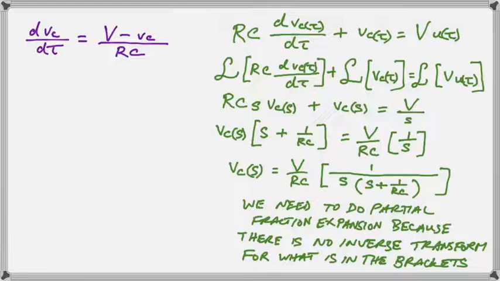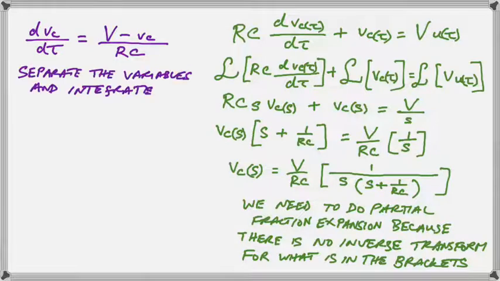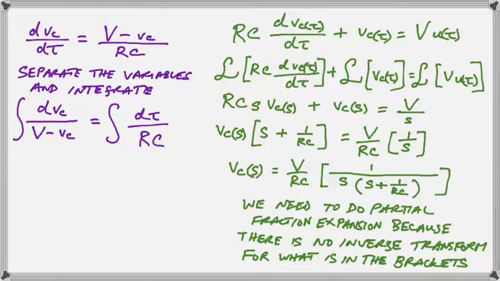We now proceed to work on our time domain equation on the left. First, we need to separate the variables and integrate, as shown. The variable that we are integrating on the left of the equation is a simple 1 over x.